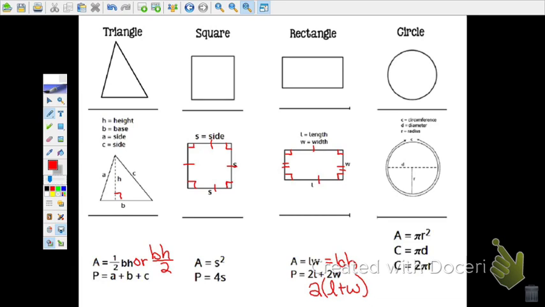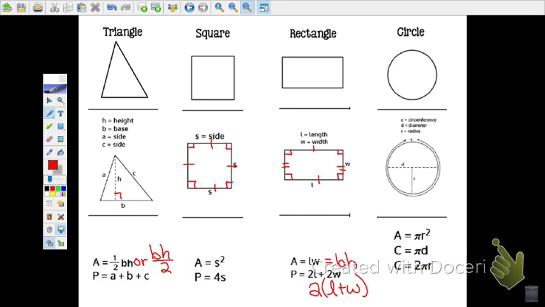When we are working with circles, we are always going to leave our answers in terms of pi, which means we're going to leave that pi symbol in our answer. We're not going to multiply by the decimal approximation of 3.14, because we're not going to use calculators. We're just going to leave that pi symbol there, and we'll work through some examples here in a little bit.